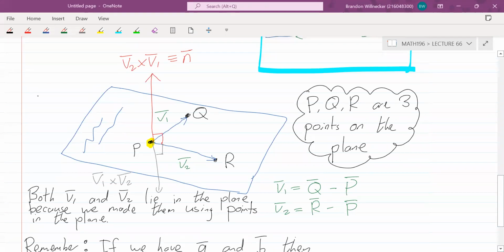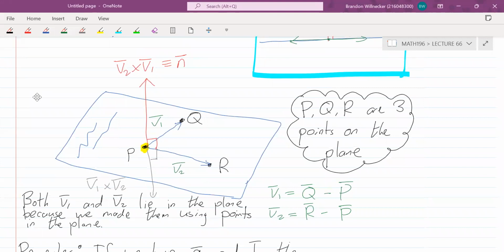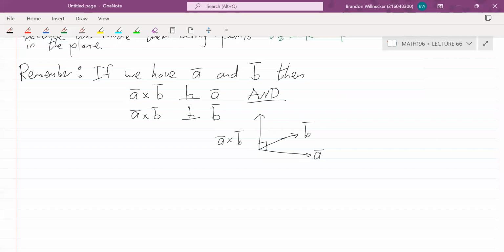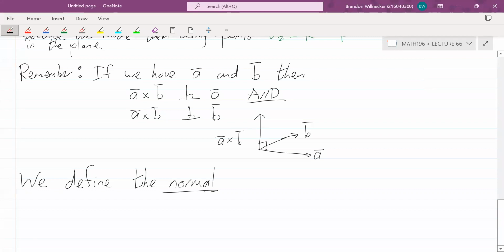Okay, so you can do V2 cross V1 and get the upwards normal, or you could do V1 cross V2 and get the downwards normal. Both are fine. So we define the normal n as V1 cross V2.